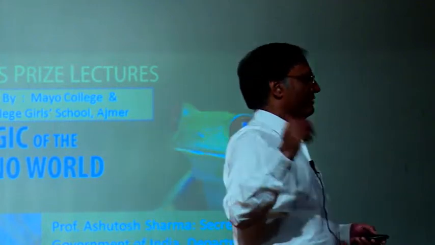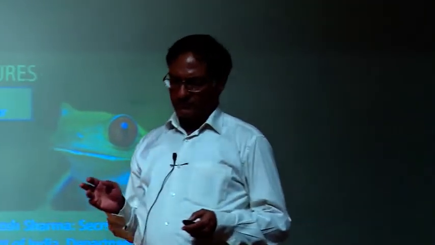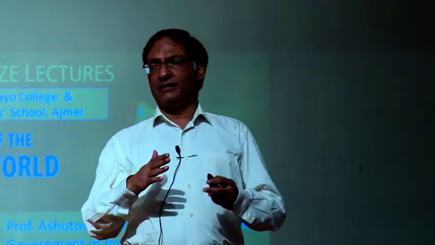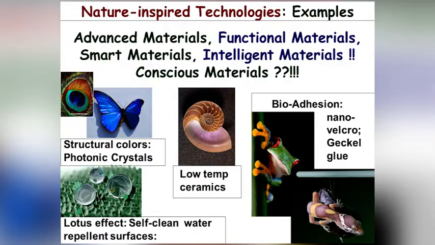So maybe I'll give you an example. This is something we are doing in my lab. The background is like this. There are lots of things in nature like shark skin. They are very smooth. They do not foul up. They do not become dirty. Nothing sticks to it, like Teflon, right?